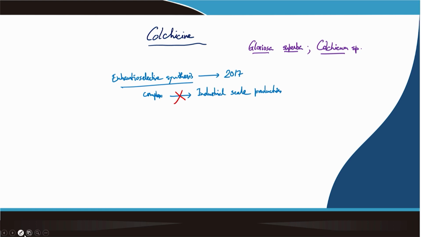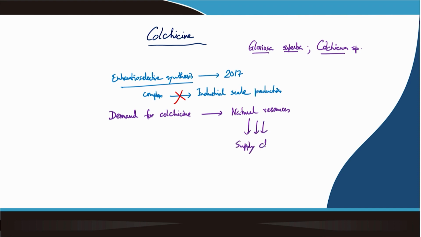Therefore, the demand for colchicine has to be met from natural resources available, and that sometimes makes the supply chain unreliable.